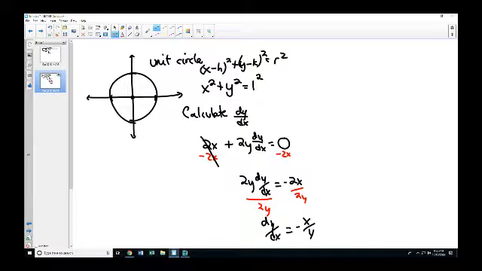So the slope of any tangent line to a circle involves both x and y coordinates. It's not just based on the x value anymore. It's based on both the x and the y, because we don't have a function.